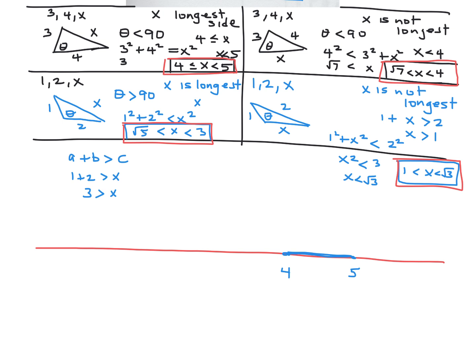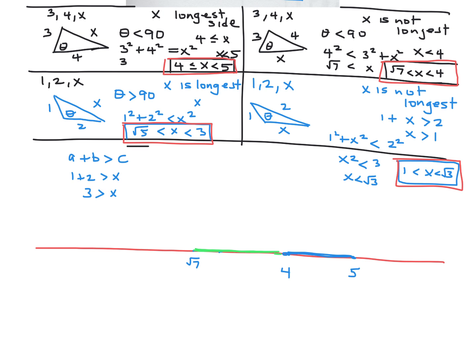So what's root 7? Root 9 is 3. Root 4 is 2. So it's like 2 point something. So if this was 3, it'll be somewhere here, root 7. Sorry, root 7 and 4 is what I meant to say.